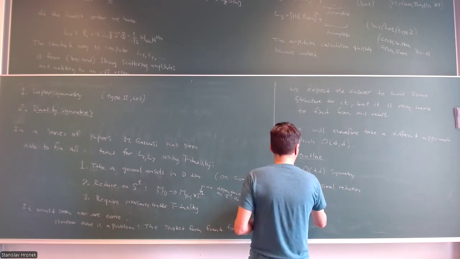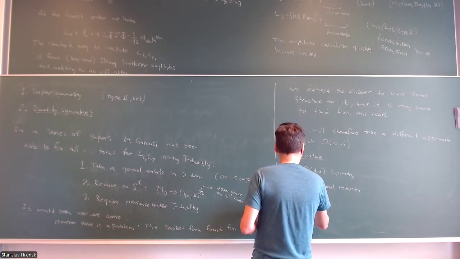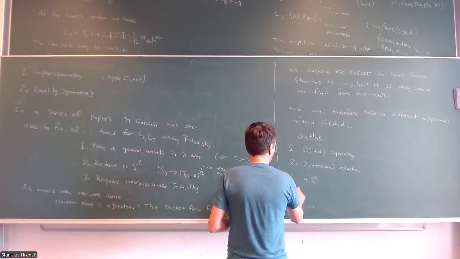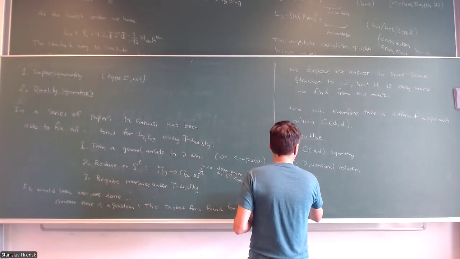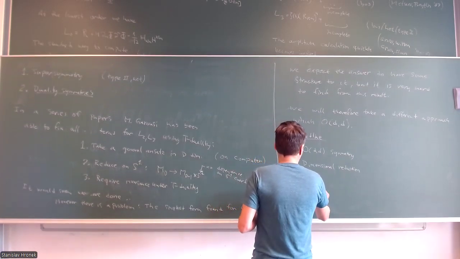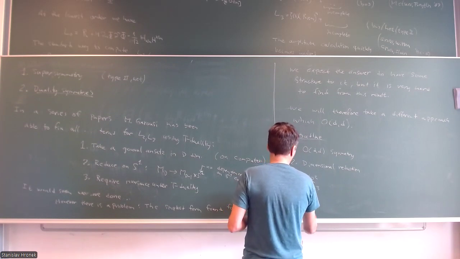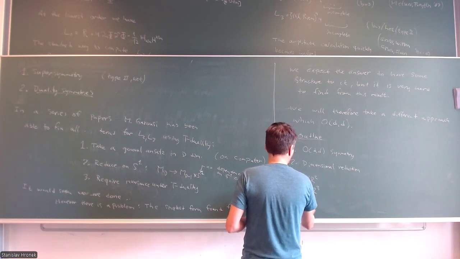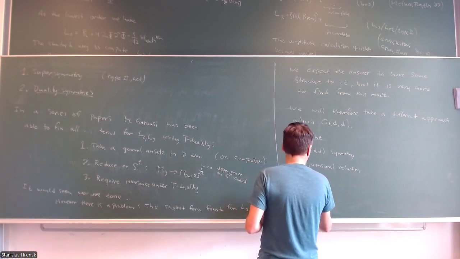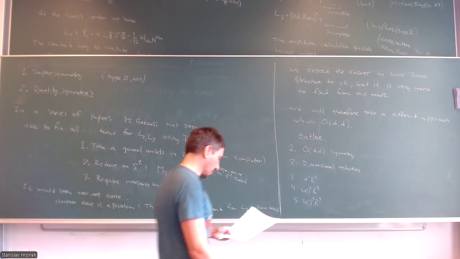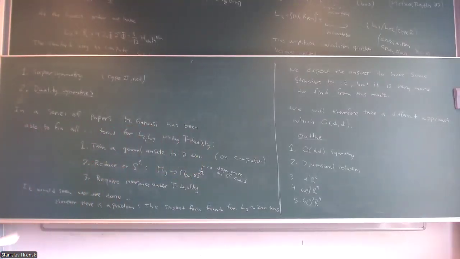So the first one is alpha prime to the first order, then alpha prime squared, and then the one we're most interested in, alpha prime cubed. And then fourth, okay, we'll see how far we get. I'll try to tell you something about this result, at least.